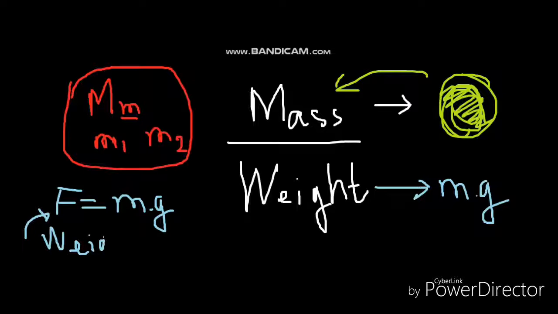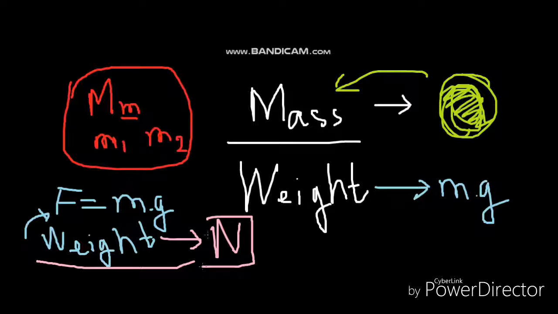So the weight is a force, and the unit of weight is Newton, because the unit of force is Newton. When we replace the force with weight, the unit cannot change, the unit will be the same. So the unit of weight is Newton.